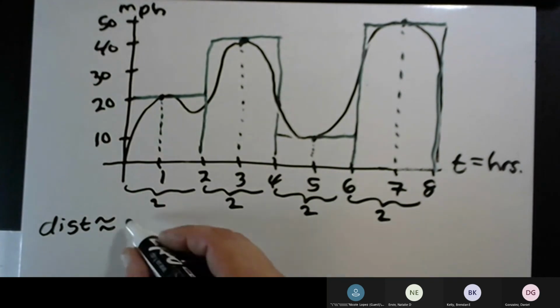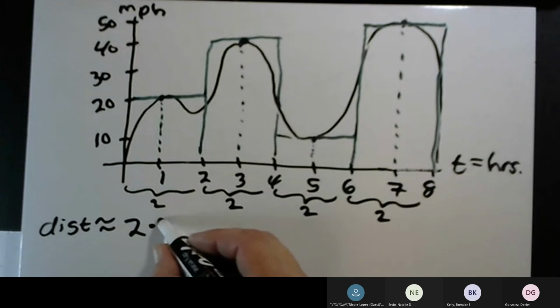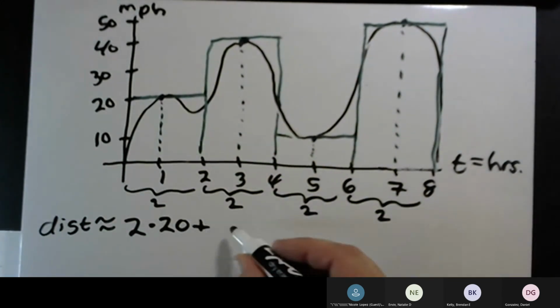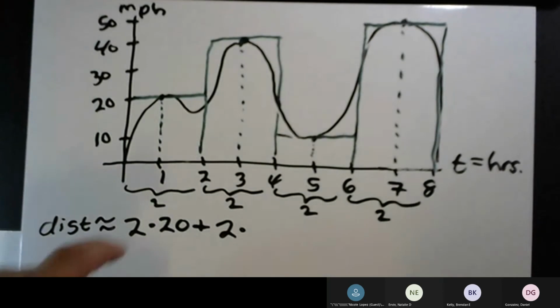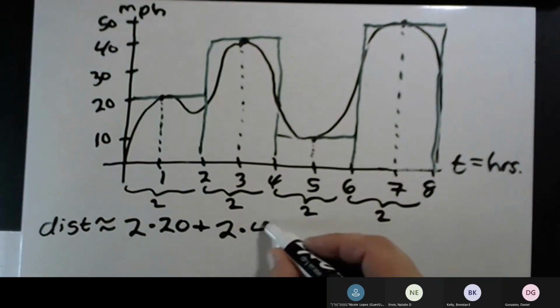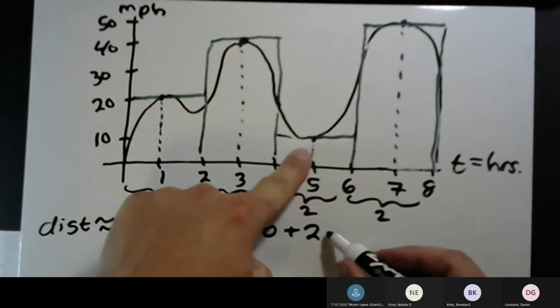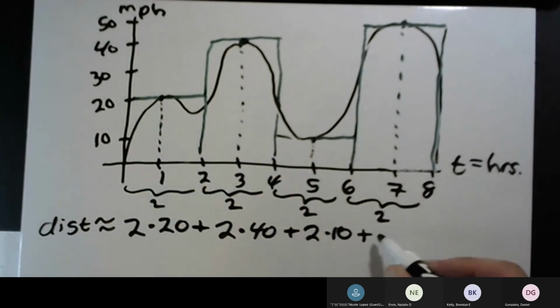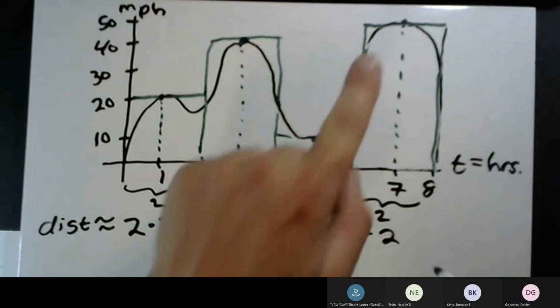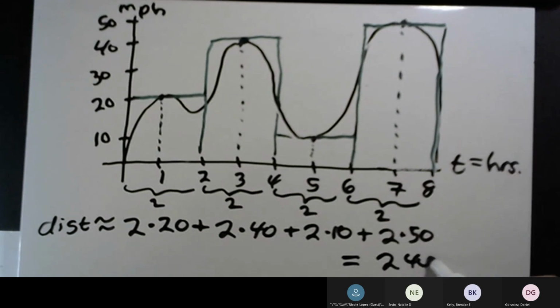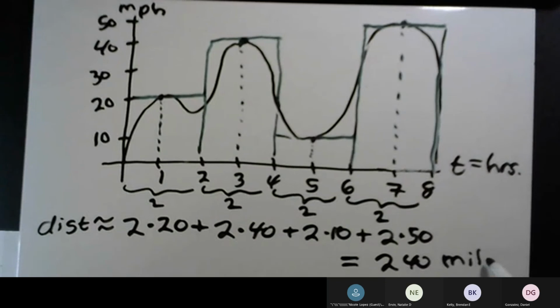So this means you have a distance of 2 times the height of this first rectangle, which is 20, plus a rectangle with a base of 2, a height of 40, plus a base of 2 and a height of 10, a base of 2 and a height of 50. And what we get is 240 miles.